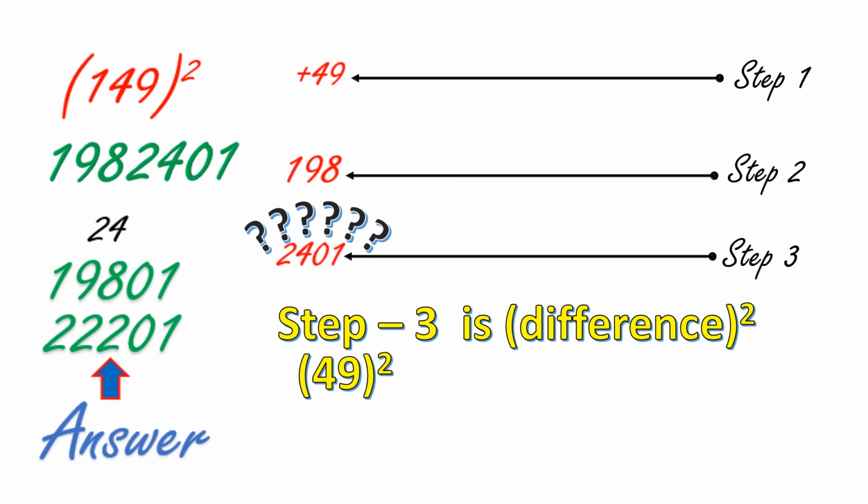Now 49 square is 1 away from 50, so I have to subtract 1 from 25, which gives me 24, which is the first two digits of my square, and then the difference is 1, so it gives me 01, which I put back. So this way I get 2401 and I did the entire sum.